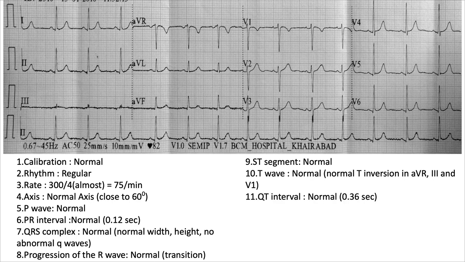The QT interval is normal, 0.36. As I said, in an examination, if you don't have any doubt that the QT looks prolonged, you could just leave it at QT, or you calculate the QTC interval. Finally, the U wave is present on some of the chest leads. You could see it clearly in V2 and V3.